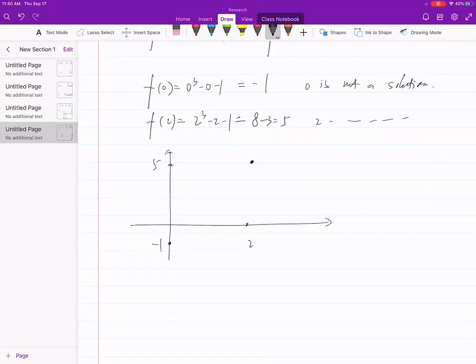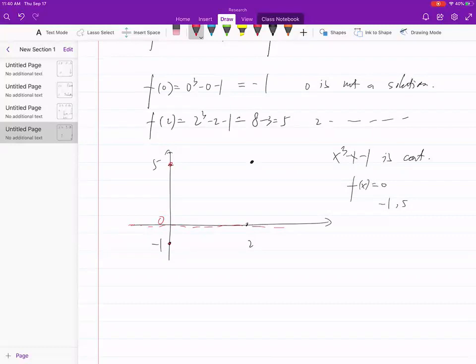Moreover, I know this is continuous. And what do you want to know? You want to know when f(x) equals 0, which is between -1 and 5.